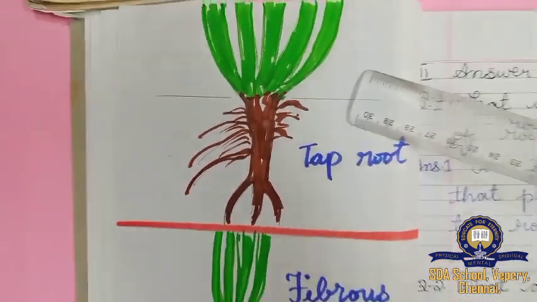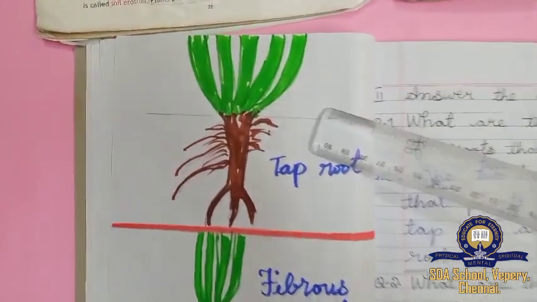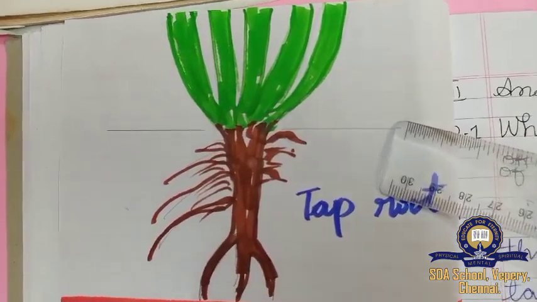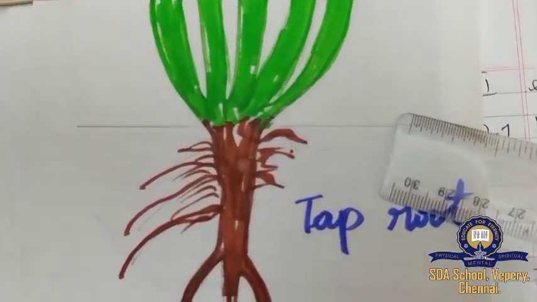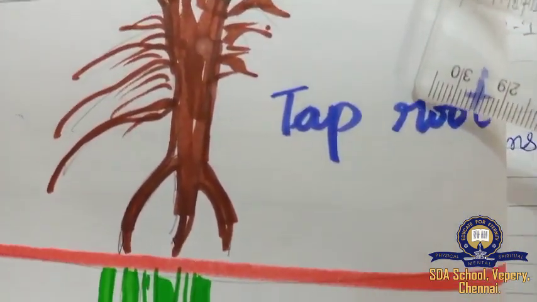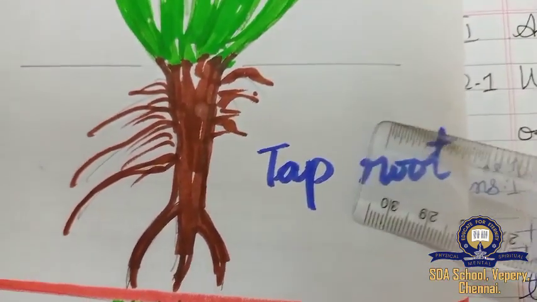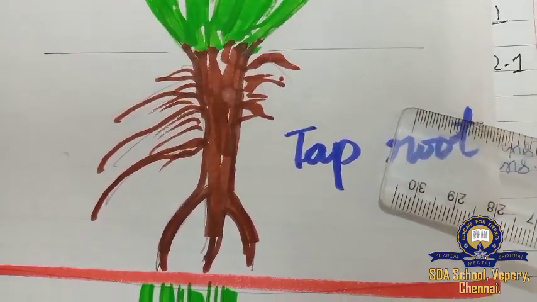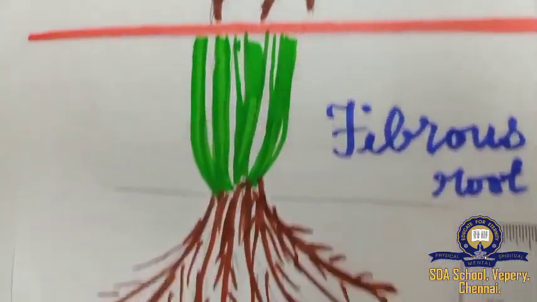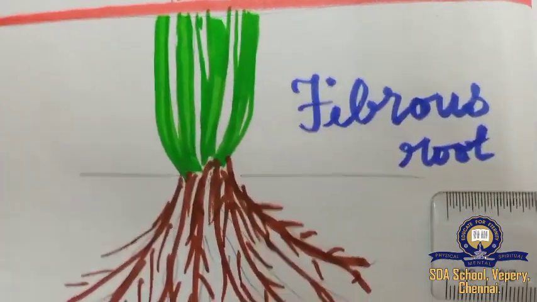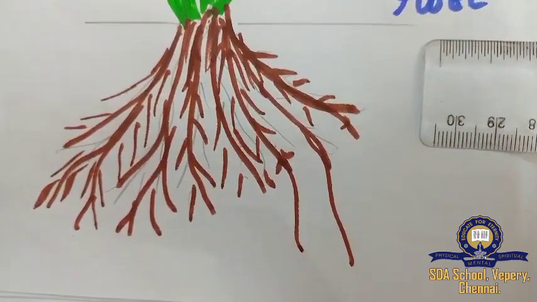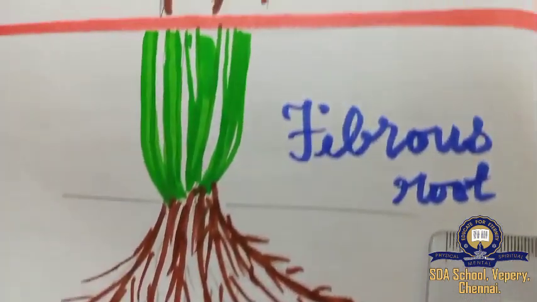For example, sunflower, dahlia, tomato, spinach, chili and cotton plants. These are the plants that have taproot. And fibrous root examples are rice, grass, wheat, maize, onion, and lily.